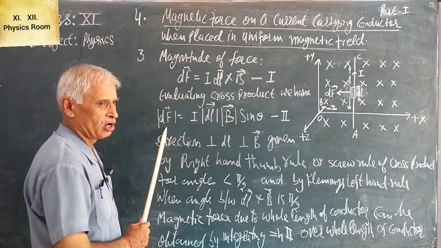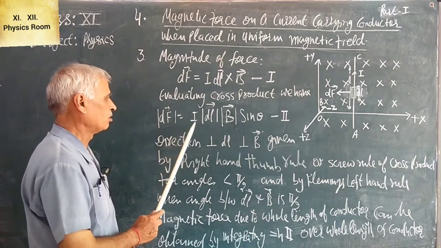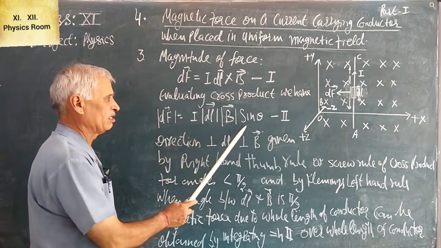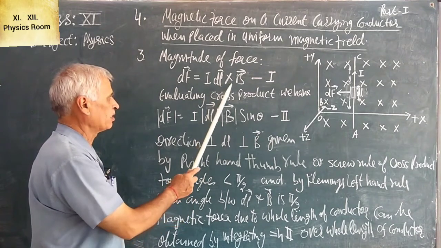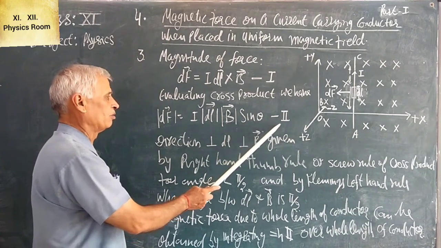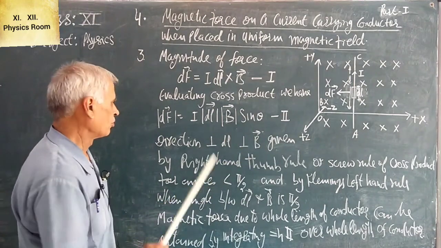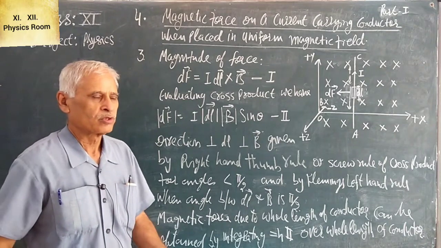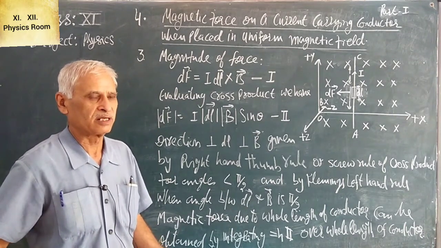Let us mark it as equation 2. Equation 2 gives us the magnitude of the small force due to the small current element of the conductor.